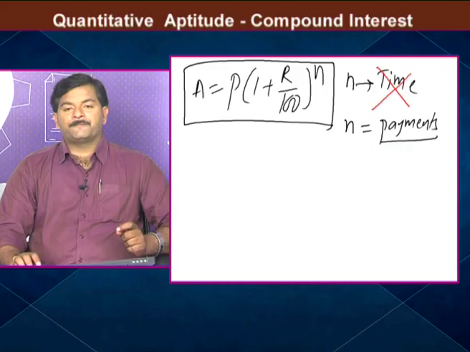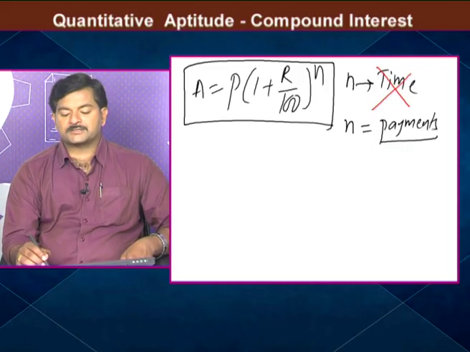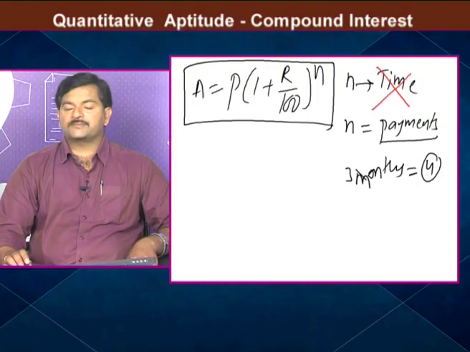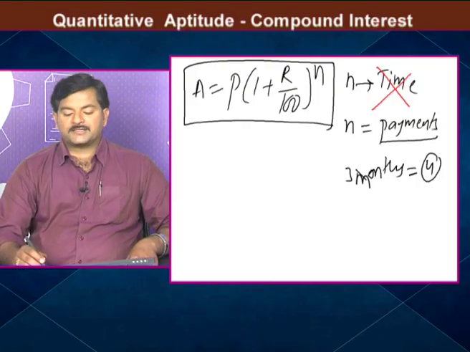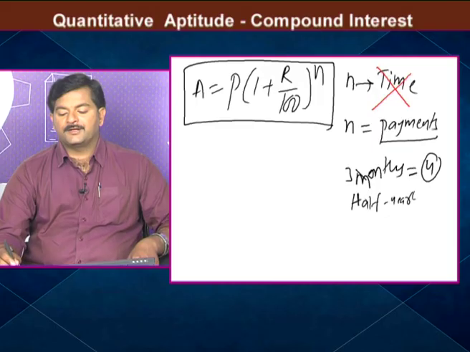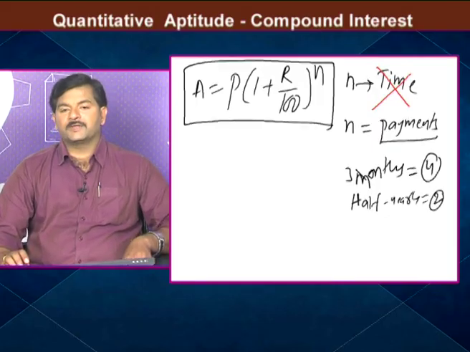For example, interest is compounded quarterly. If interest is compounded quarterly in a year, I have to pay the interest 4 times. If interest is compounded half yearly, then rate of interest must be for half a year. Like that.